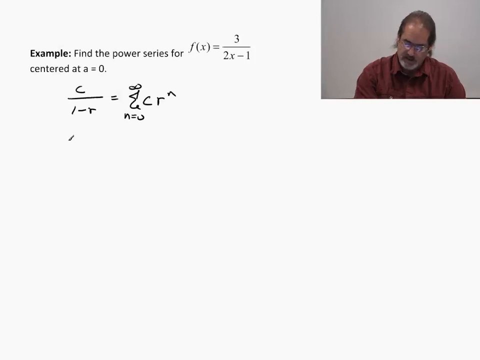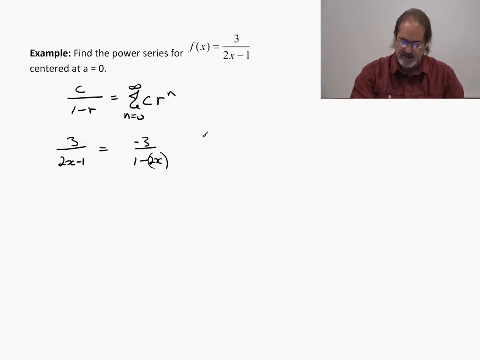Well, if I take a look here at 3 over 2x minus 1, if I factor out a negative 1 from the denominator, I can get a negative 3 times 1 over 1 minus 2x. I'm going to erase that negative and put it up here. This will suggest that c equals negative 3 and r equals 2x.